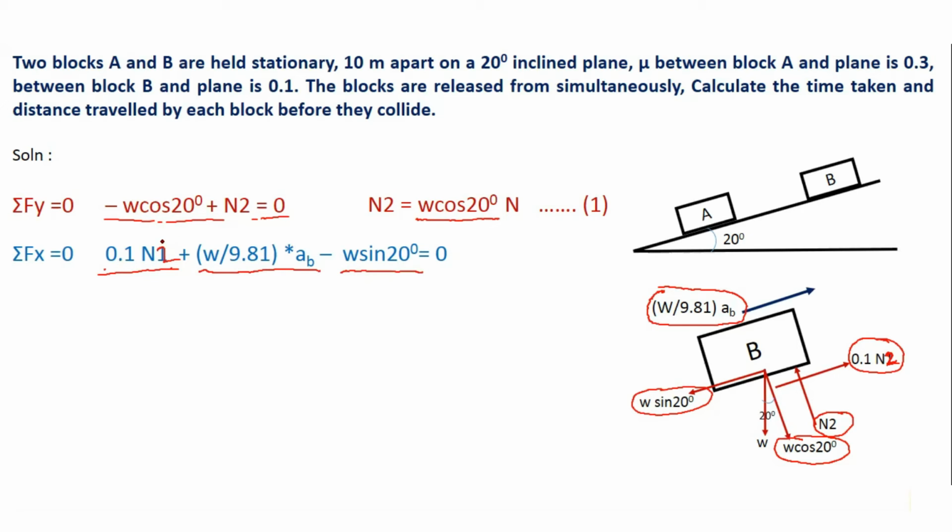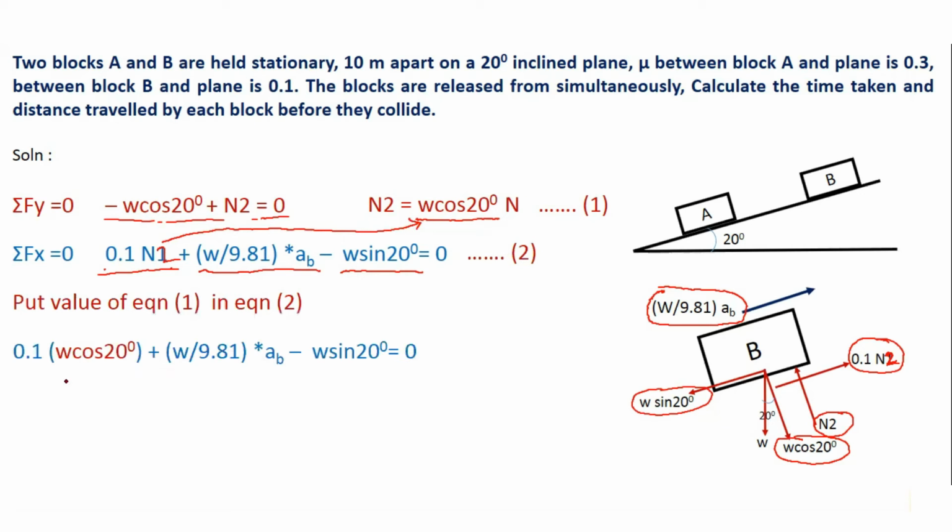The value of N2 we have already found in this particular step. So substituting it, I will get the equation as 0.1 into W cos 20 plus W divided by 9.81 into AB minus W sin 20 is equal to 0.